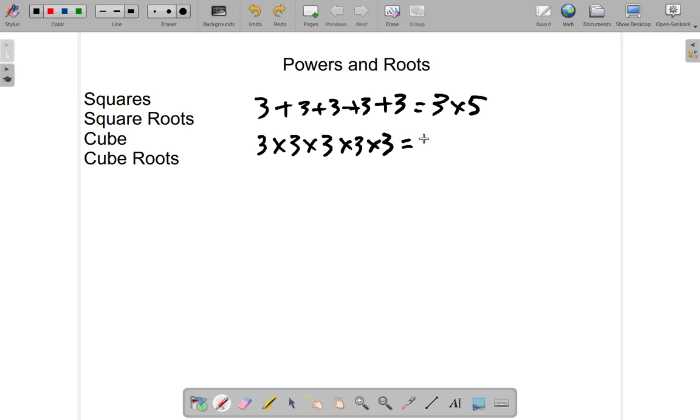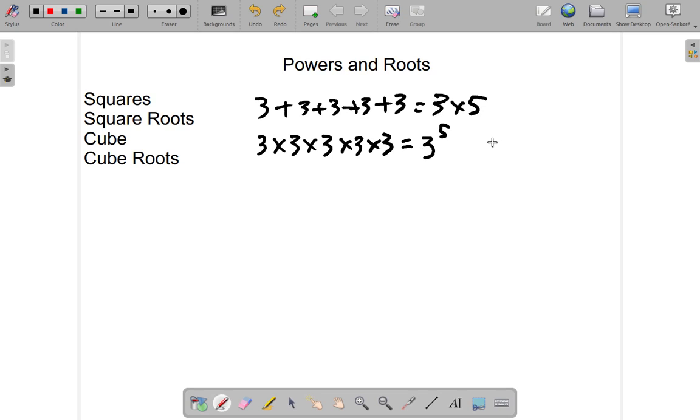What you say is 3 to the power of 5, a superscript 5 like that. So this is a power. So 3 raised to the 5th power is this. There are 5 3's and they all multiply.